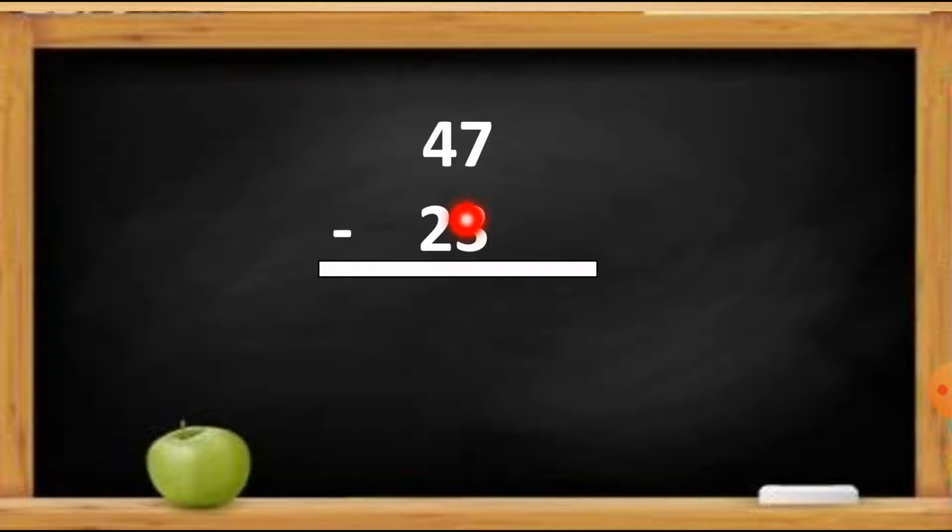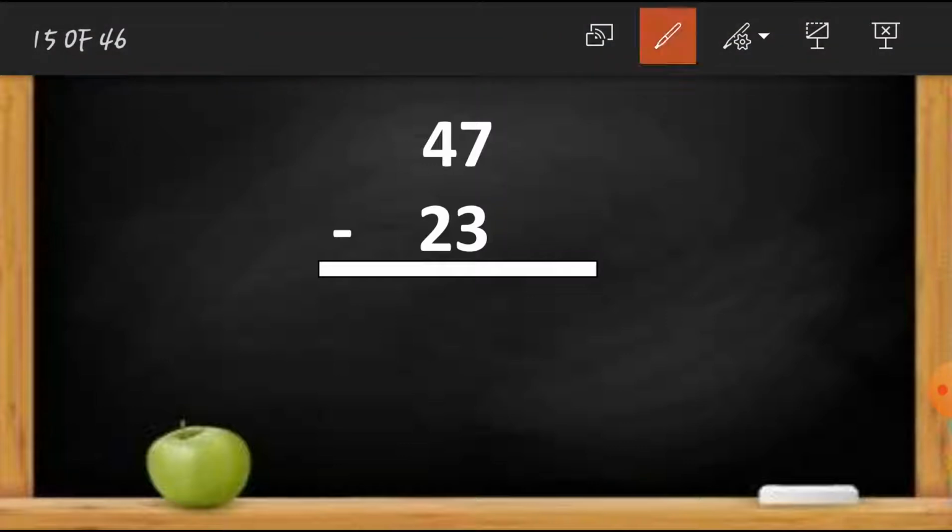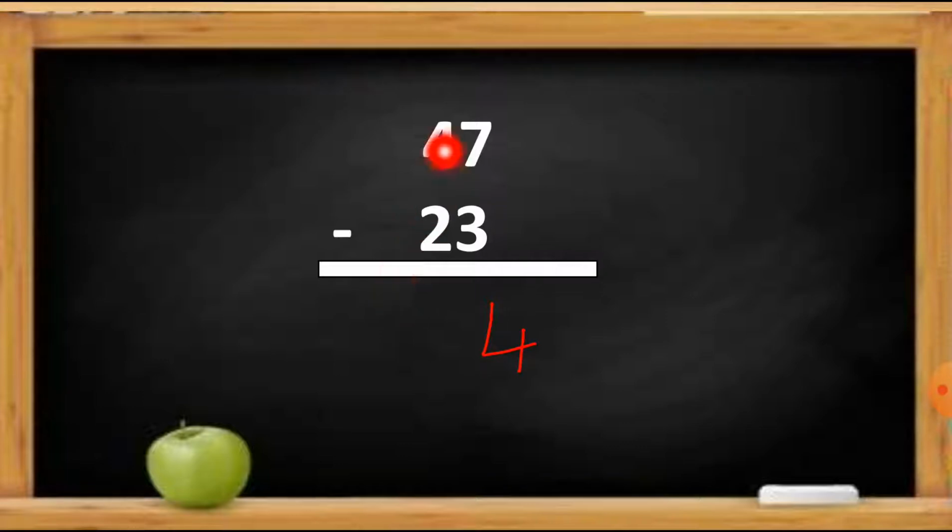So students, let's see the ones column first. 7 minus 3. So students, let's take away 3 from this 7. 7 minus 3 is equal to 4. So I write 4 here. Now from the tens column, 4 minus 2.